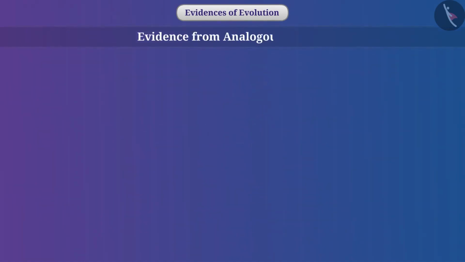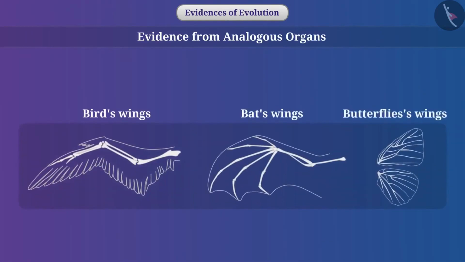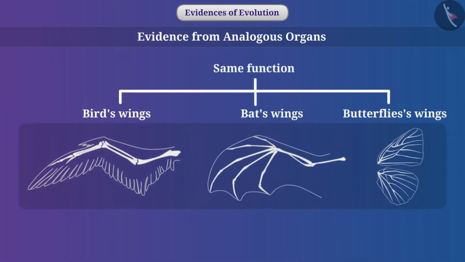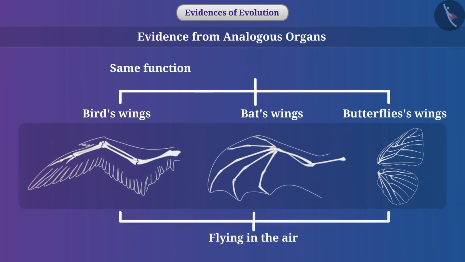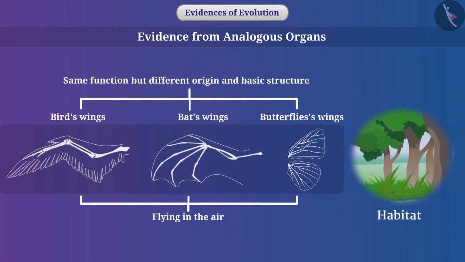Evidence from analogous organs. In birds, bats and butterflies, wings have the same function, that is, flying in the air, but their origin and basic structure are different. When different groups of organisms have the same habitat, they develop similar structures in appearance and action, which gives them a survival advantage.